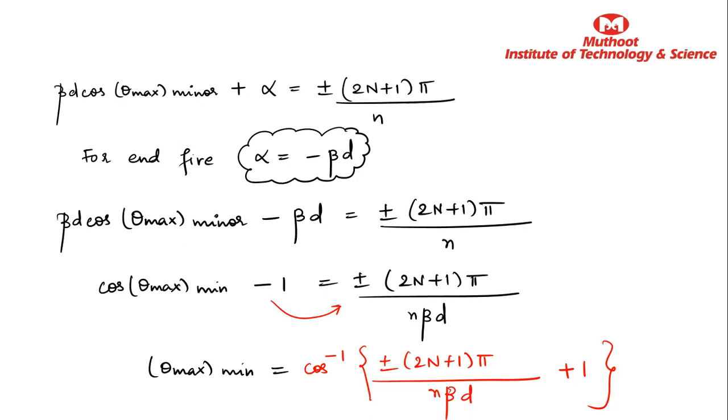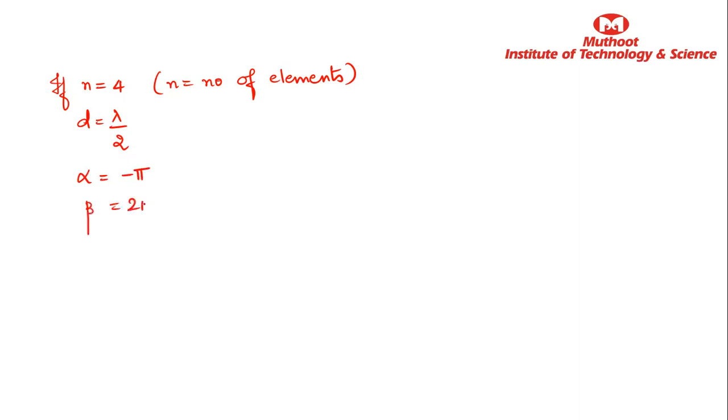Now it is all about substitution. We will be taking different values because we are designing basically. So let's say small n is equal to 4. Now what is small n? n is the number of elements or sources that we consider. I have just taken a random example. d is lambda by 2, the spacing. Alpha is minus pi. Beta is 2 pi by lambda. And capital N is 1.